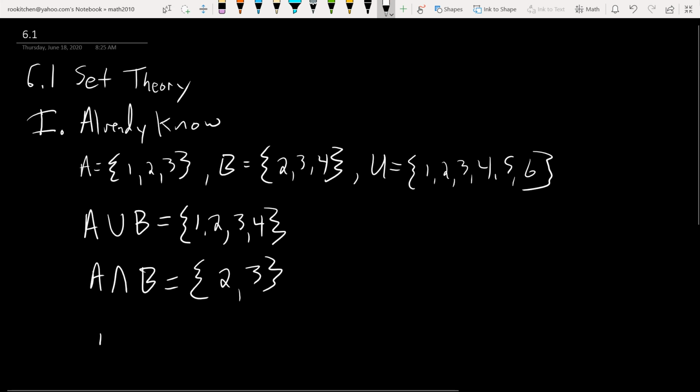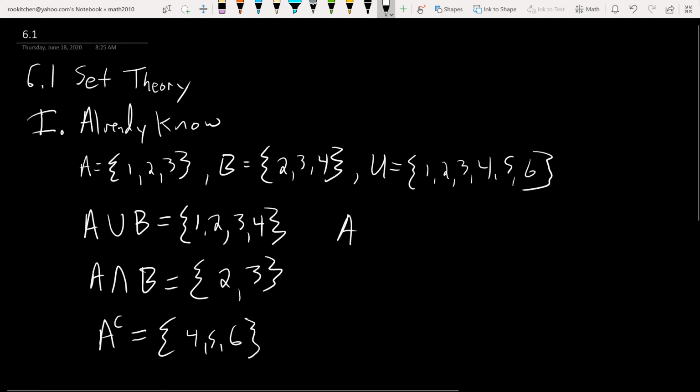A complement would be everything that's not in A, which is basically U and then take away A. And we'll also have a difference operation. So A complement is going to be 4, 5, 6.